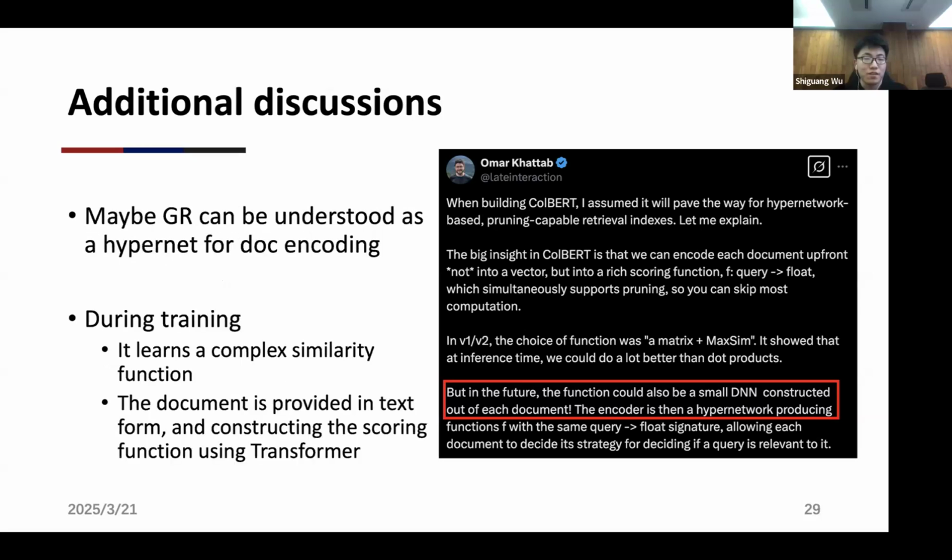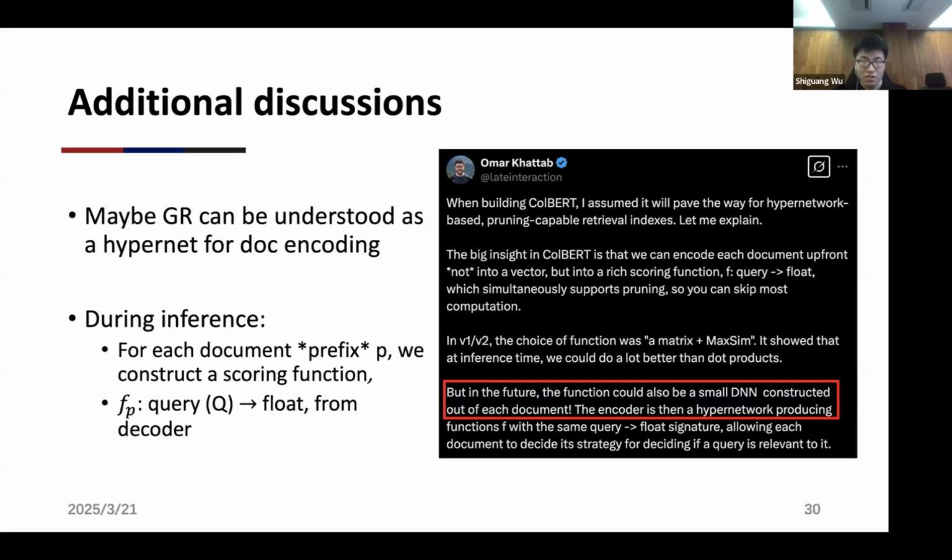So I think that maybe GR can be understood as a hypernet for document encoding. During training, it learns a very complex similarity function, which is what the multi-layer transformer decoder part is doing. The documents are provided in text form, and the scoring function is constructed fully using the transformer.